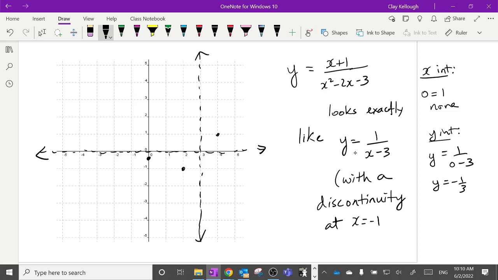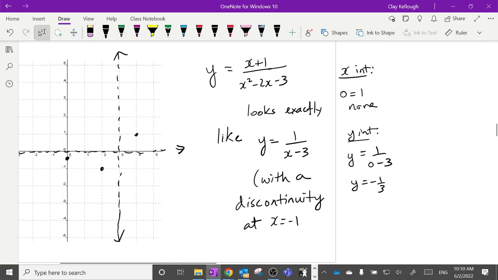But, oh, wait a minute. x is equal to -1 is going to have a hole in it. Now, where is that hole exactly? If I go to this thing here and substitute in x is -1, I get 1 over -1 minus 3, so I get 1 over -4.